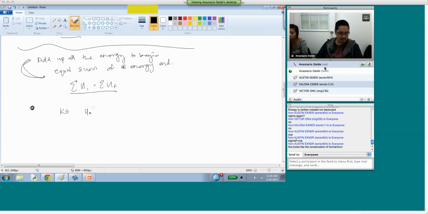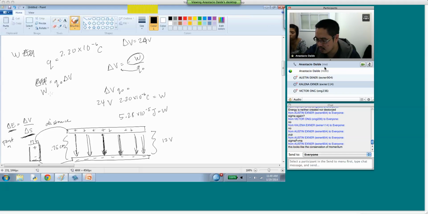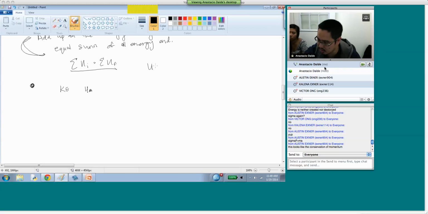Does that make sense? And the electric potential energy, U, we define as Q times V. I keep switching between the words electric potential energy and work, but it's equal to Q times V. We actually use Q naught times V when we were talking about a test charge. Now we're talking about an actual charge.